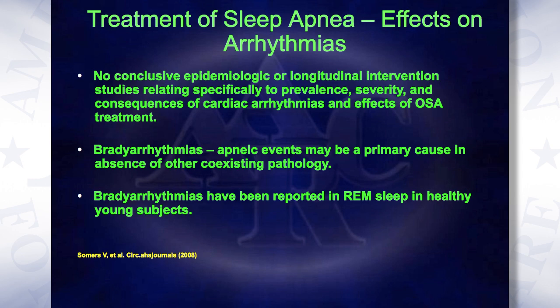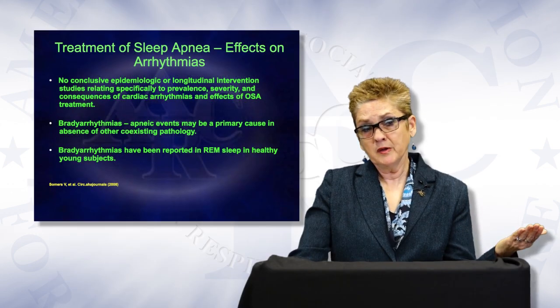If we look at sleep apnea effects on arrhythmias, we really don't have any conclusive evidence or interventions that specifically relate to the prevalence and severity of that cardiac arrhythmia consequence. So again, something that needs to be studied a little bit more. Bradyarrhythmias, we know that apnea events may be a primary cause in the absence of coexisting pathology, but bradyarrhythmias are also reported in REM sleep in healthy adults.